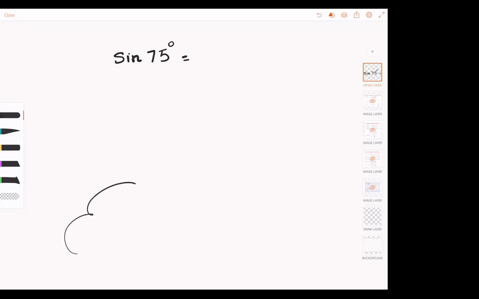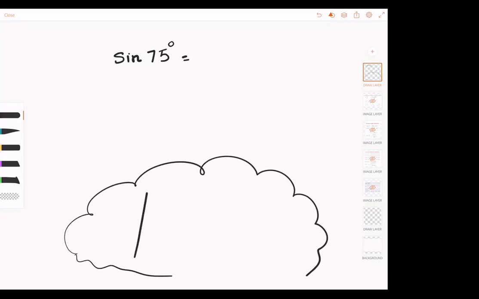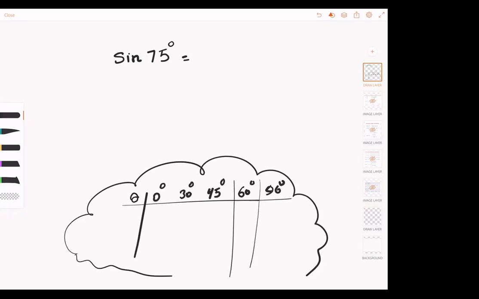In the table that you have, or in your note sheet, we learned the theta for 0 degrees, 30 degrees, 45 degrees, 60 degrees, and 90 degrees. You know all the exact values for them, correct? We proved it through the Pythagorean theorem.